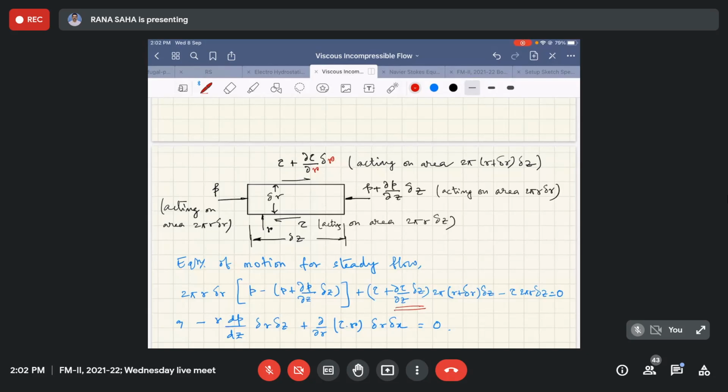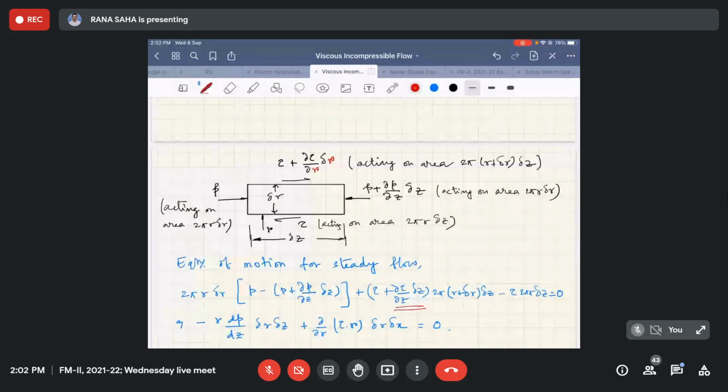In the next week, we will move into the potential flow theory. If you do not have any more query or clarification required regarding the theory part of this viscous incompressible flow, we can straight away move into the potential flow, and for that the required material we will post in the classroom by today or latest by tomorrow, so that you can get time to go through it.